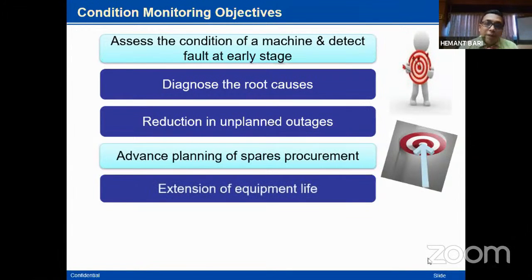Extension of equipment life, just like a vehicle. For your car, you are taking care of your tires, battery, engine, and servicing and all these things. What will happen? Whatever you are doing will benefit your car, and the car belongs to you. It will never fail in the middle of the road, in the middle of your journey.